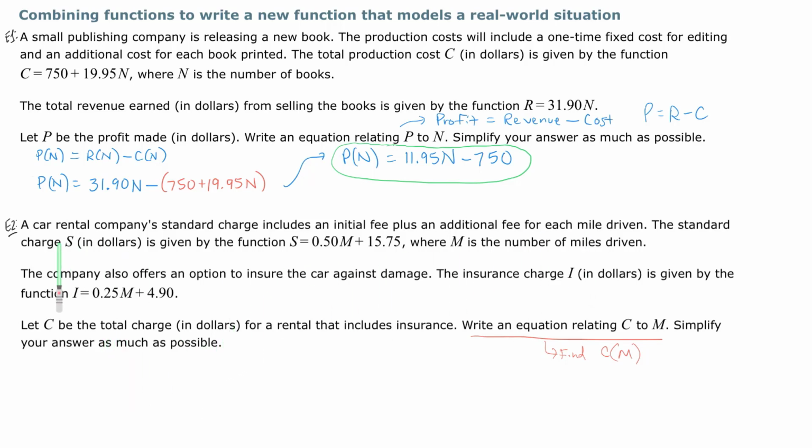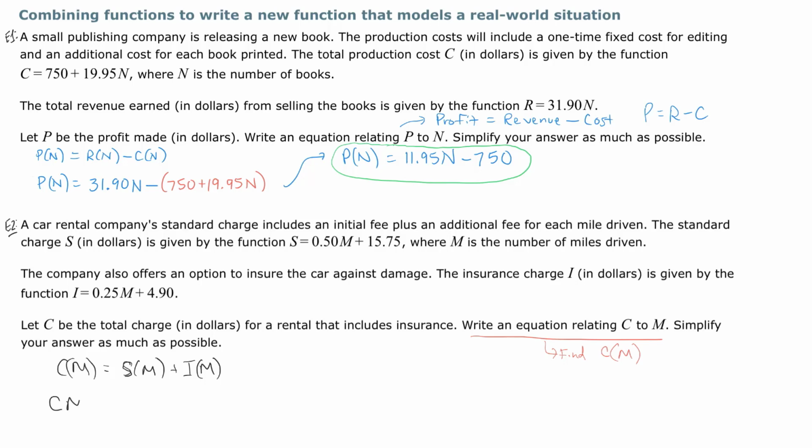Well, there's a charge S and there's a charge I. So C of m must equal S of m plus I of m. So it's really the summation of two functions. The way we're going to find the total charge function here is by adding the two other functions.